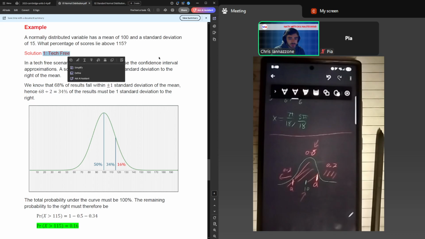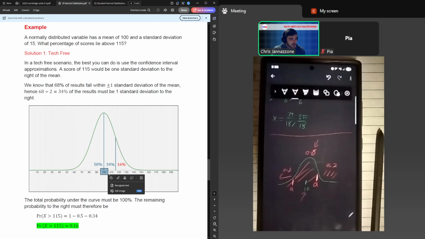So, assuming we have to do this tech-free, the only thing you can do is use the confidence interval approximations that we just had a look at from before. Now, you can draw this up pretty quick. Again, it's just the bell curve thing that I drew earlier. One of the things you would want to plot out first would be the mean and the score that you're specifically looking for.